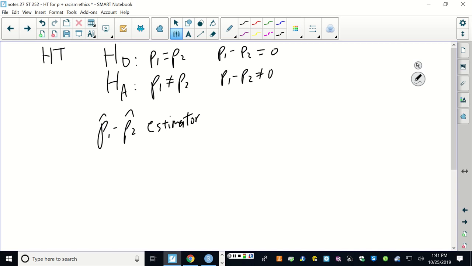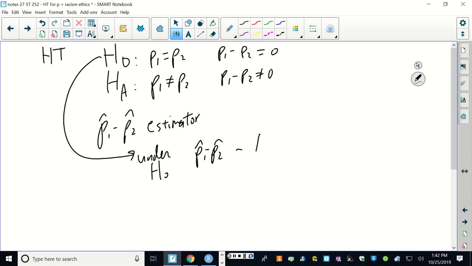In general, it has the same sampling distribution we wrote down before, but we think about it under the null hypothesis. If the null hypothesis is true, what does the sampling distribution look like? So under H0, P1 hat minus P2 hat is approximately distributed like normal, but now P1 minus P2 is 0.